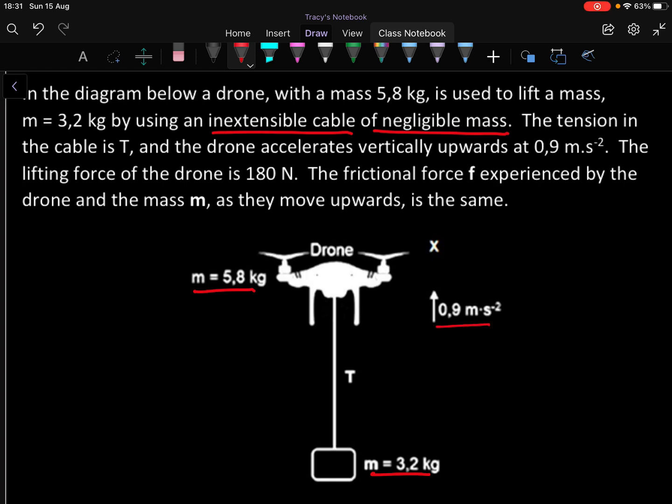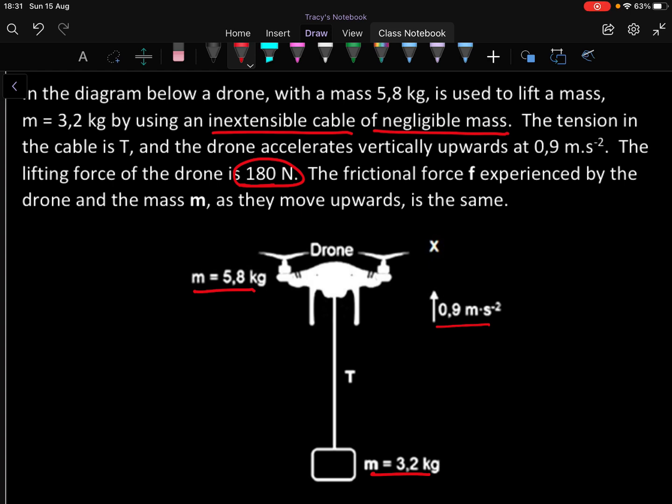The lifting force of the drone is 180 newtons, not on the drone, of the drone, okay?